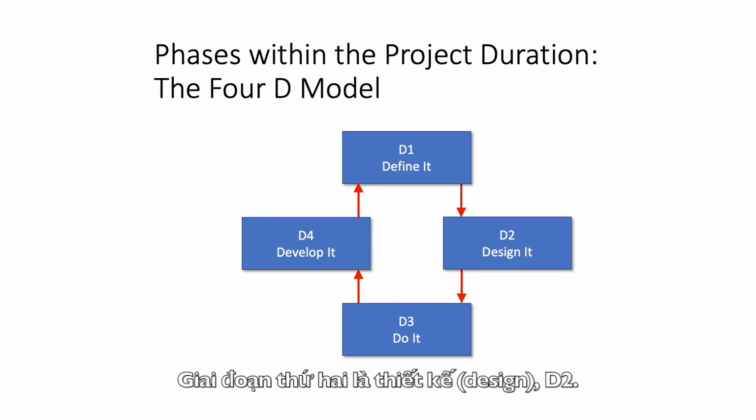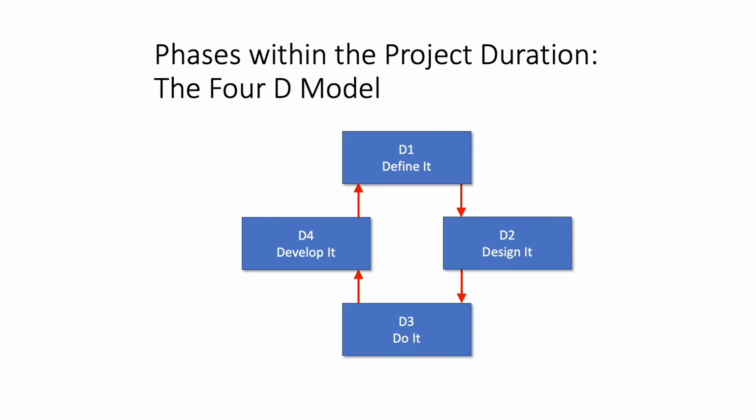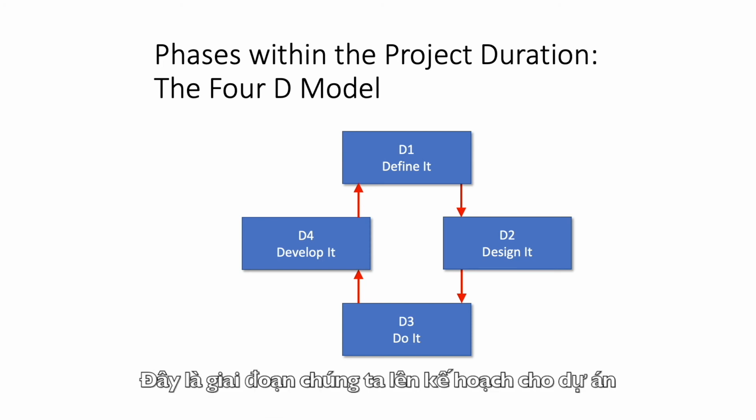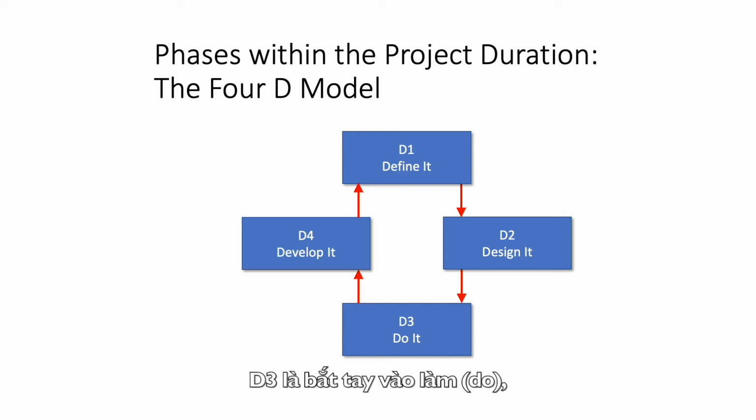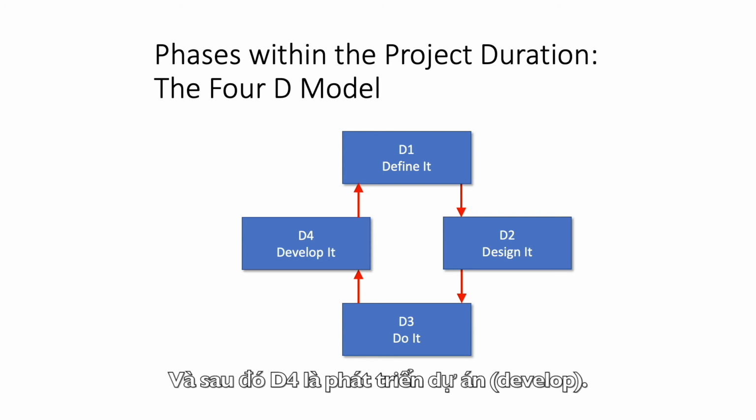The second phase is design it, D2. This is the phase where we are planning the project, all the items we discussed on the previous slide. D3 is do it, actually executing the project, conducting all the activities that are necessary to achieve the objectives of the project. And then D4 is develop it.